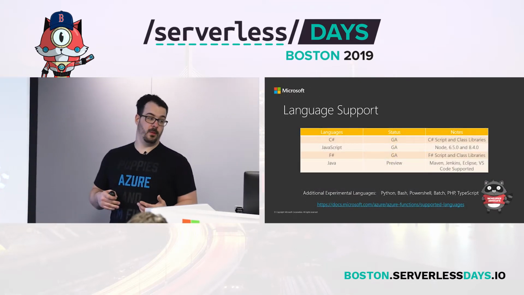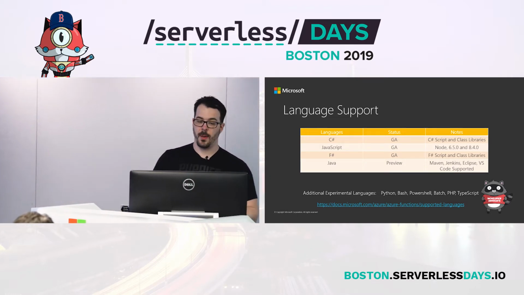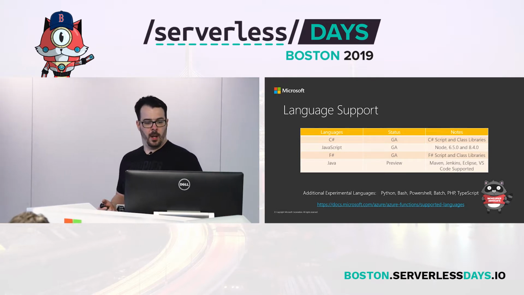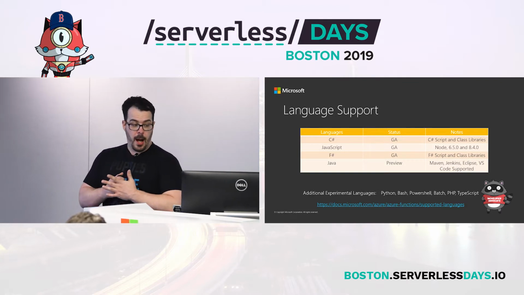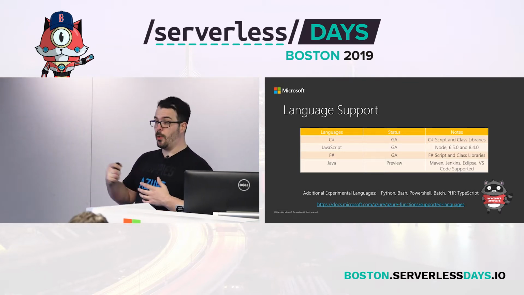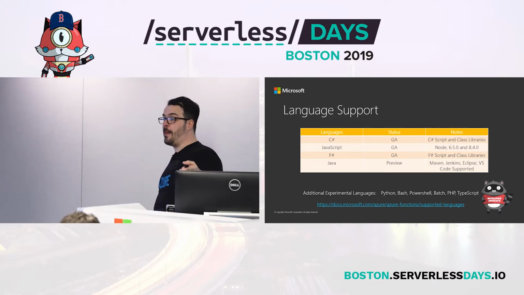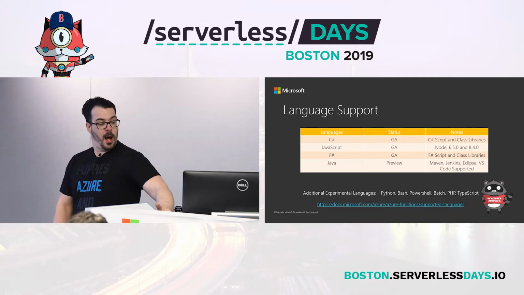All right, and what do we support right now? Well, those are the big ones. We support C#, JavaScript, and F#. They're all in GA. Java is still in preview, I think. We do have experimental languages that are always fun. If you want to try them out, or you want to know if your language is supported, we have this little link here. But personally, I'm a fan of Google. Not Bing. I'm not one of those Bing guys.